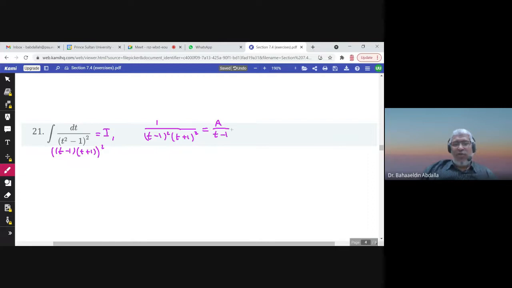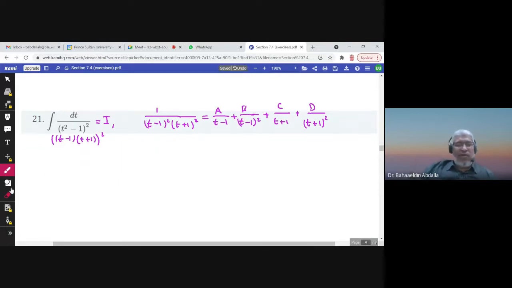So a over t minus 1, b over t minus 1 square, c over t plus 1, and d over t plus 1 to the power 2.